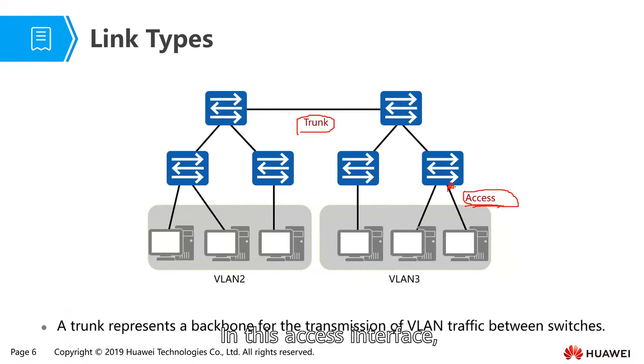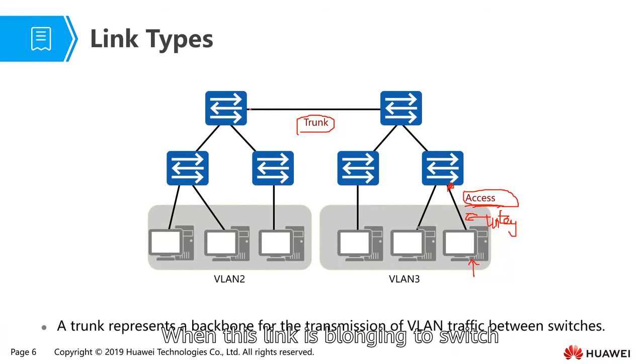In this access interface, the Ethernet frame does not need to be tagged. We call it untagged, because all Ethernet frames on this link belong to one VLAN, so no tag is needed. Of course, usually the PC, the host, does not support the tag.